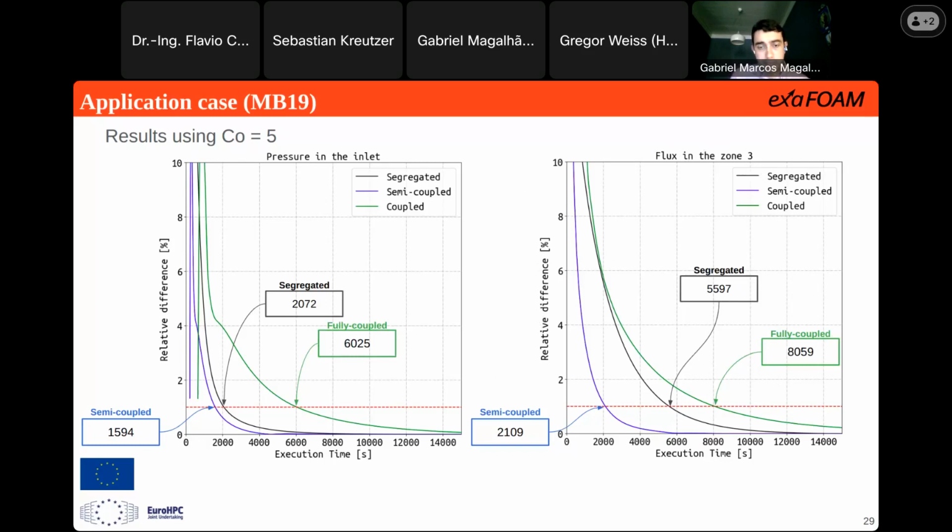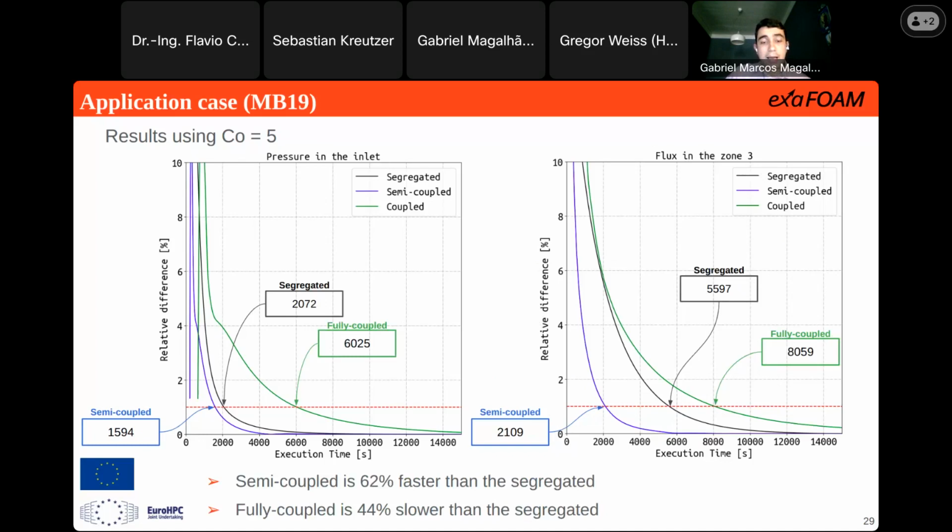Okay, so observing these results, it's possible to conclude that the semi-coupled solver is 62% faster than the segregated solver using the same Courant number, but the fully coupled solver is 44% slower than the segregated using the same Courant number.